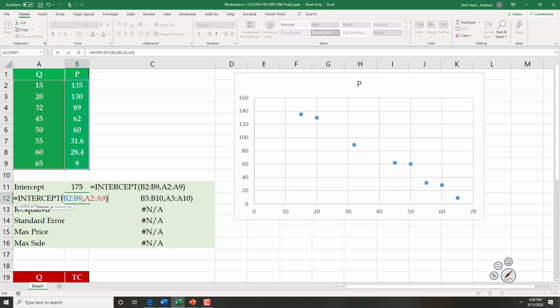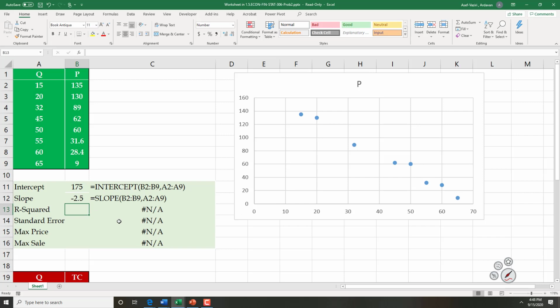Now it refers to the same cells, and then I can remove intercept and type slope and then enter, and therefore slope is negative 2.5. Therefore, for each unit that I go to the right, 2.5 units I come down.